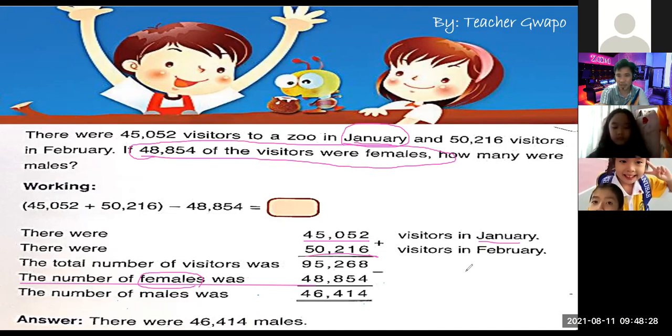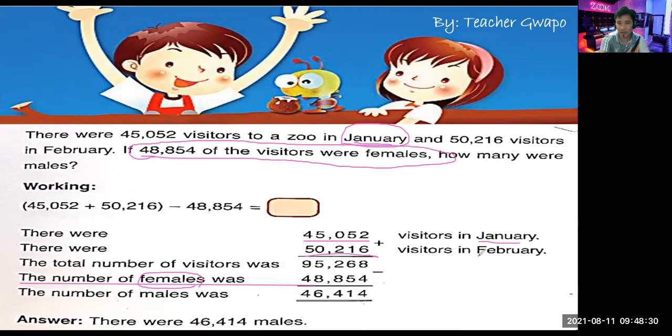So in January, there are 45,052. In February, there are 50,216. So you have to add these two numbers. Okay, you have to add this first so that you will know the total number of visitors. Now, this is the total number of visitors. You can see it here, total. So you knew already the total number of visitors here, right?